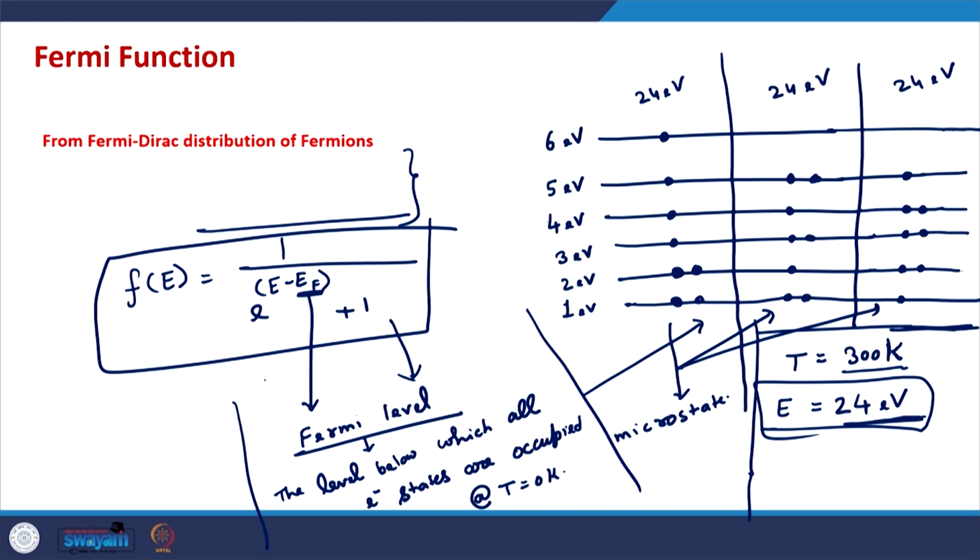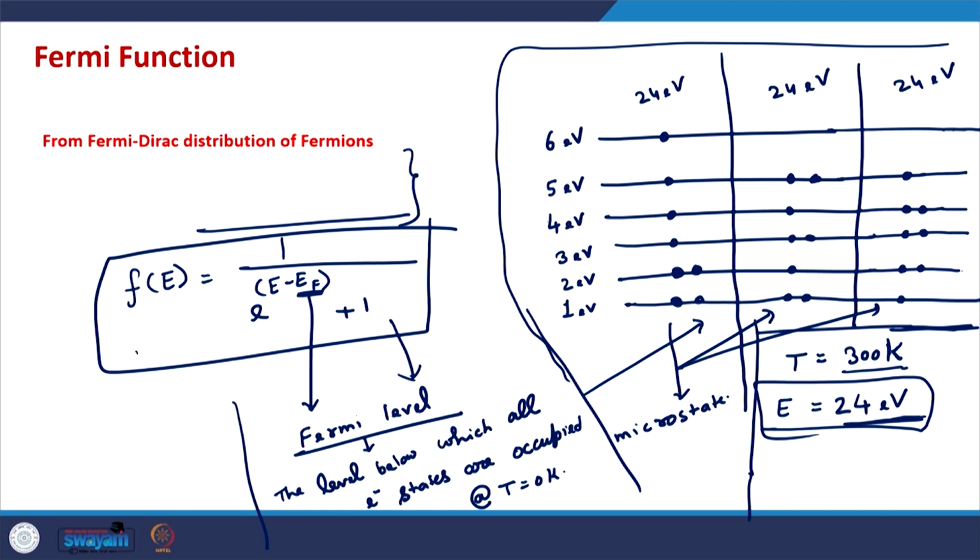Please keep in mind, this is a very important concept in solid state physics. We are essentially in a way compressing the entire quantum statistics or quantum statistical ideas into the Fermi level and the Fermi Dirac distribution function or the Fermi function.